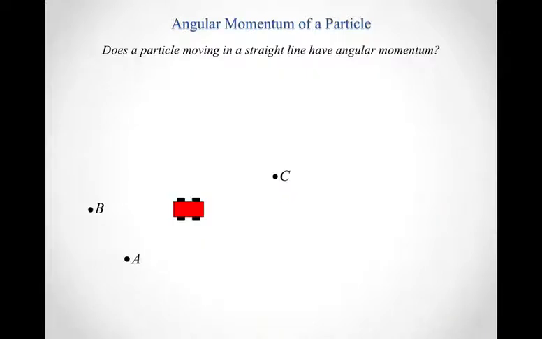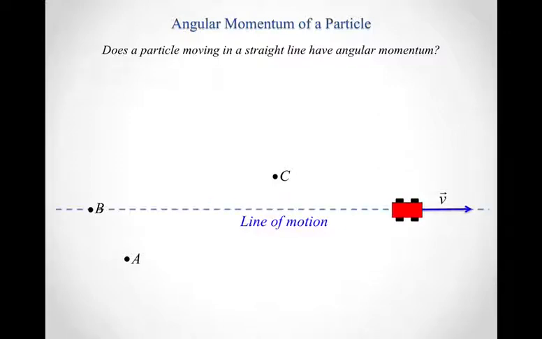So now that we've got our equation, if we come back to think about our car and our three observers, again, as the car moves, there's its line of motion. If I think about my observer at point B, because it lies along the line of motion, that tells me that my little l, that perpendicular distance from the observer to the line of motion, is 0.